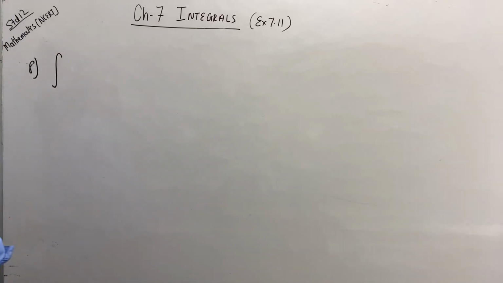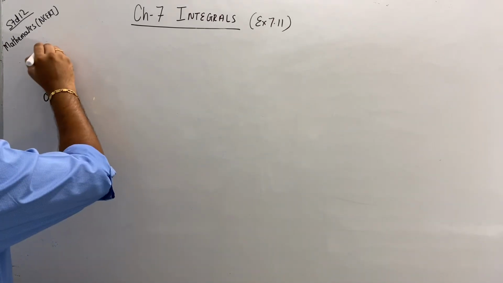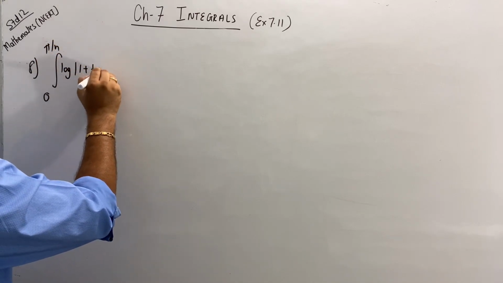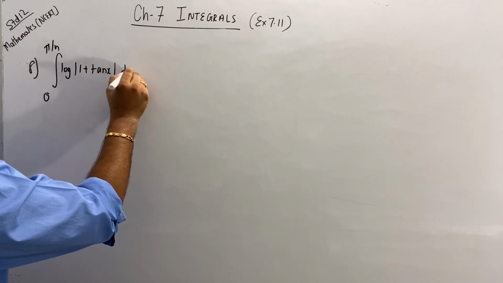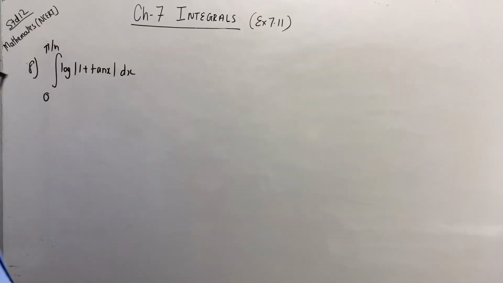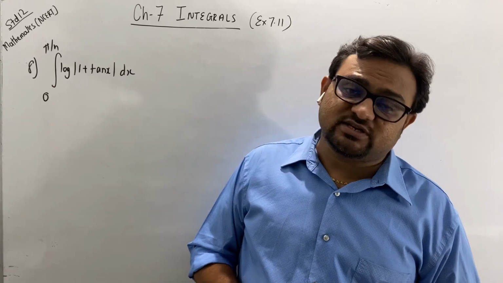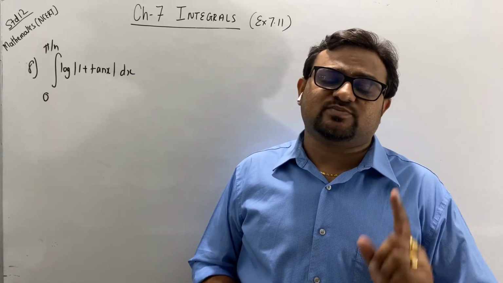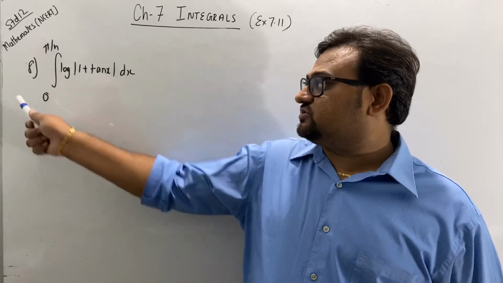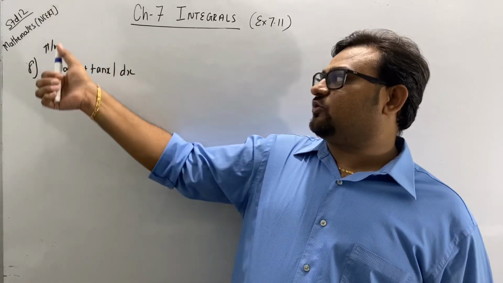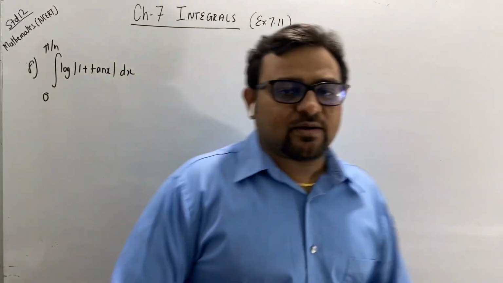Integration of 0 to pi by 4 log of 1 plus tan x dx. Okay, so here also we are going to use the same formula, a plus b minus x. So 0 plus pi by 4, that is pi by 4 minus x. We are going to replace x with pi by 4 minus x.